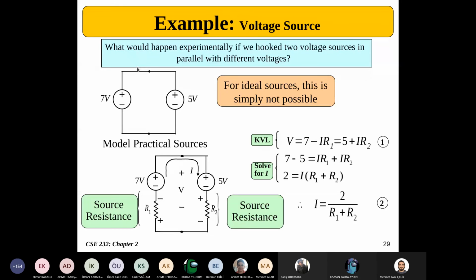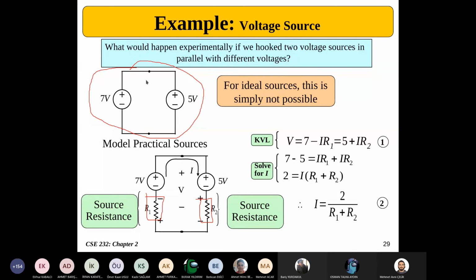Now, as I said before, initially I tried to warn you about this problem 6 or 7 slides before. Normally, when you connect two voltage sources in this manner, it is simply invalid. We cannot do anything like that for ideal independent voltage sources. In the actual world, all voltage sources have some internal resistances.